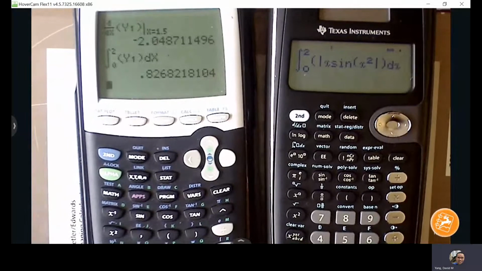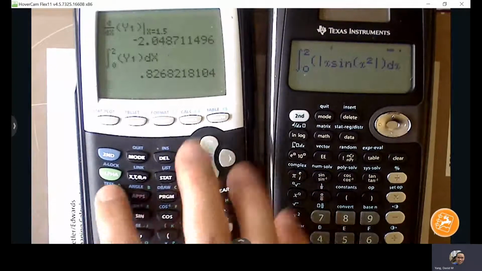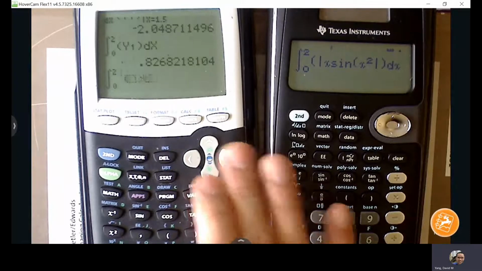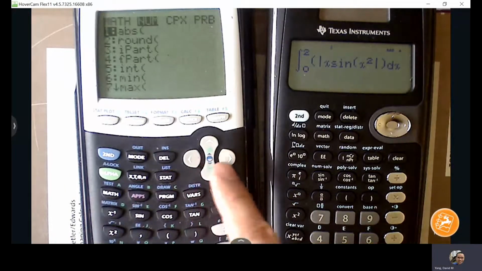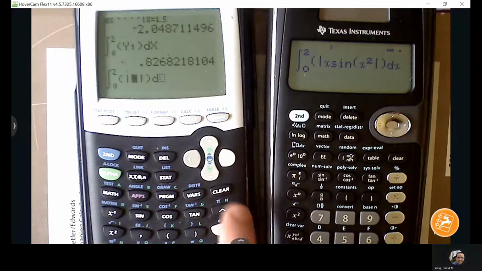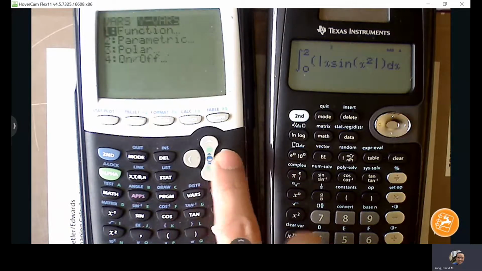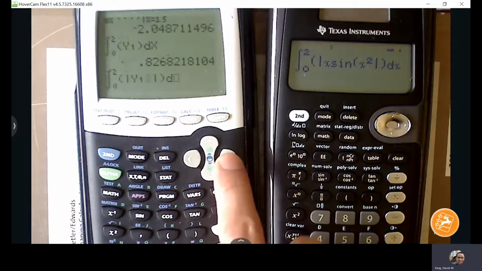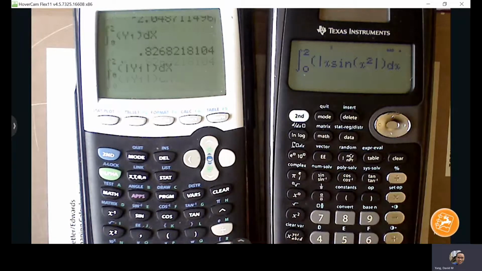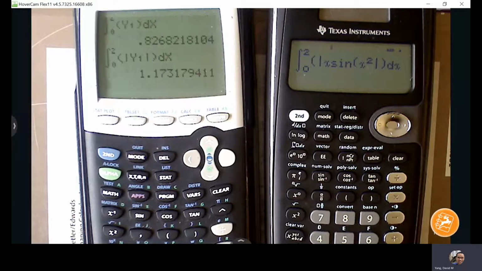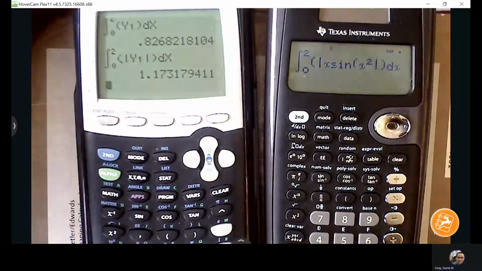On the graphing calculator, math 9, 0 to 2, math, number, ABS. If you do vars, y vars, function y1, you just keep calling that function, not typing in x sine x squared every time. So total distance is 1.173.